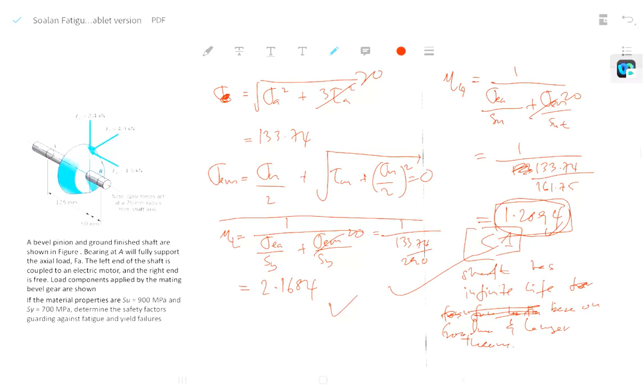Okay, you can take any example. Same example, same condition but different loading and different type of shaft.